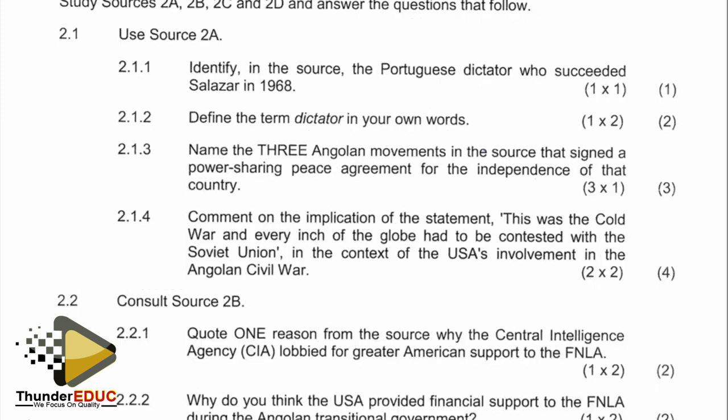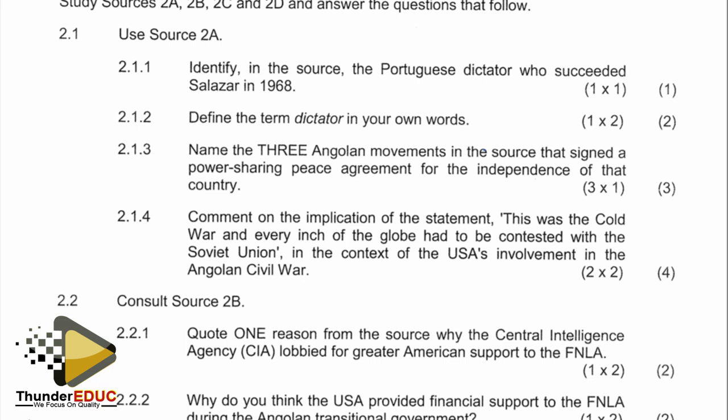Right. Number 214 is asking us to comment on the implication of the statement: this was the Cold War, and every inch of the globe had to be contested with the Soviet Union, in the context of the USA's involvement in Angola. Right, what does that statement mean?